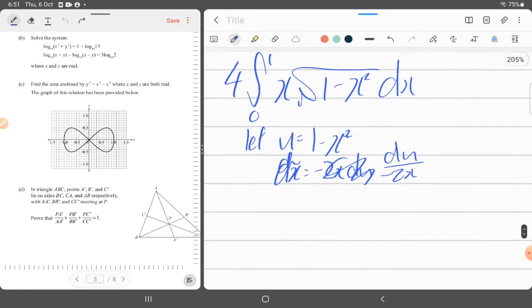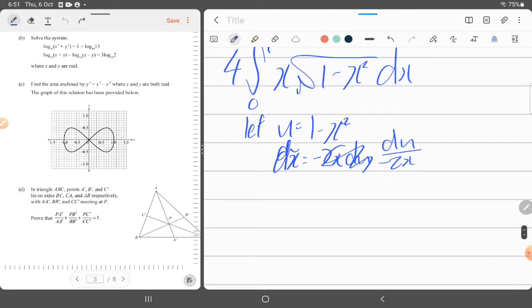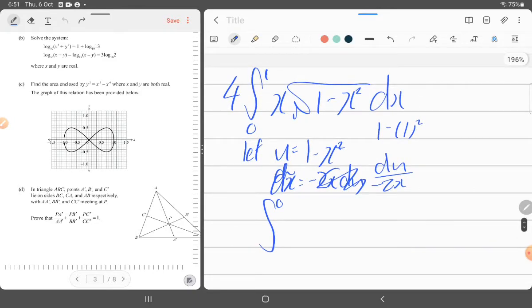So we need to replace the limits. Where x equals 1, u equals 1 minus 1 squared, which equals 0, so that is the upper limit. And where x equals 0, u equals 1 minus 0 squared, which equals 1, so that is the lower limit.